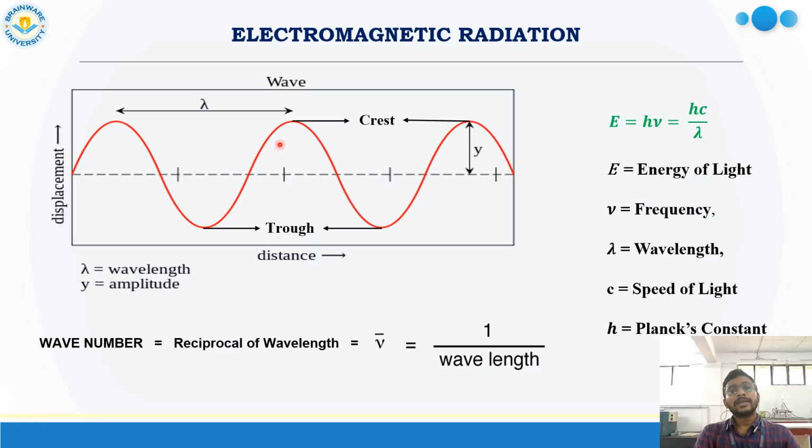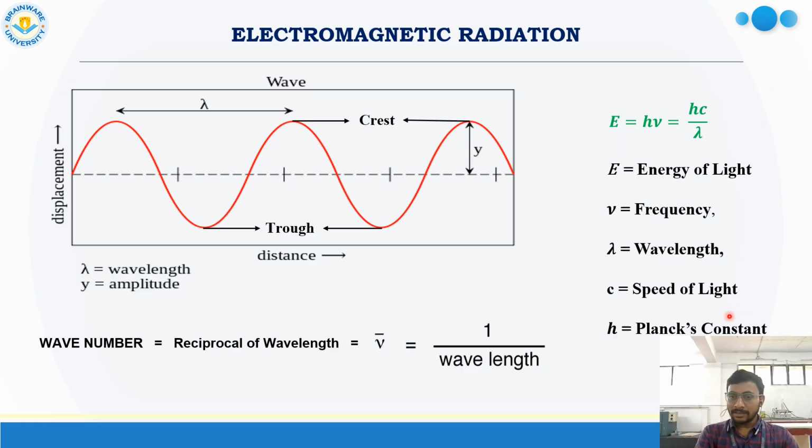Also, the energy of electromagnetic radiation or light is given by E = h nu. E is the energy of light, h is Planck's constant, and nu is the frequency of the light. So energy is directly proportional to the frequency of light, and every form of electromagnetic radiation has the same speed, the speed of light.